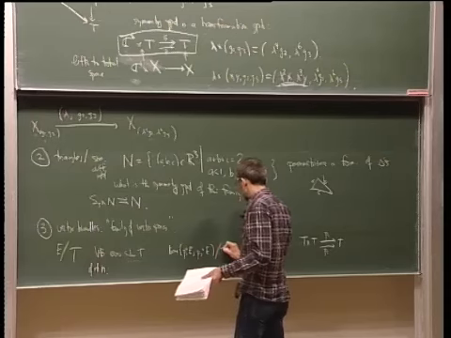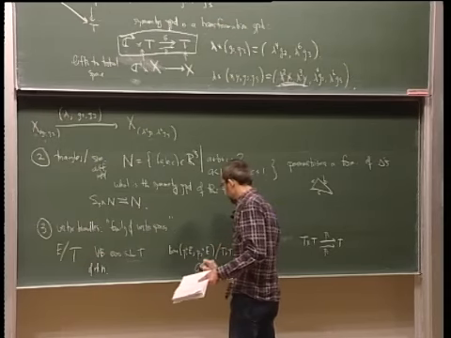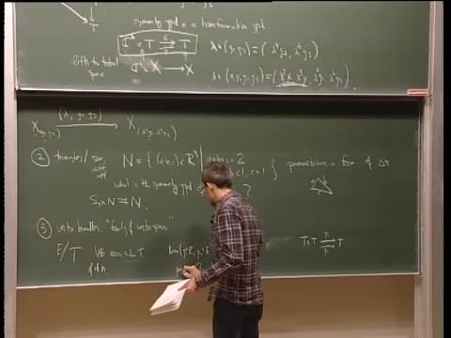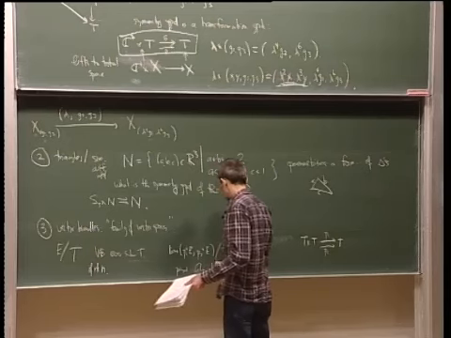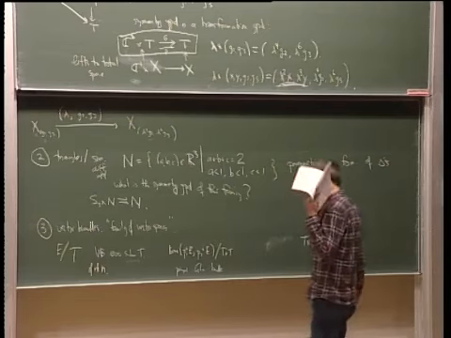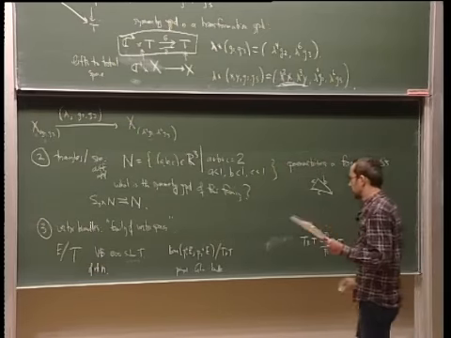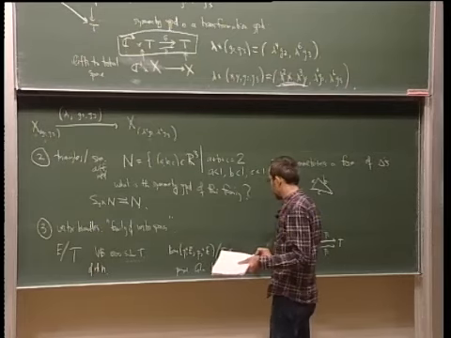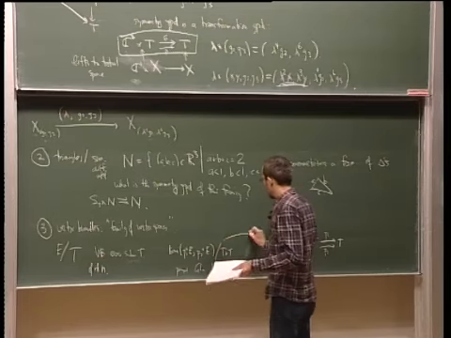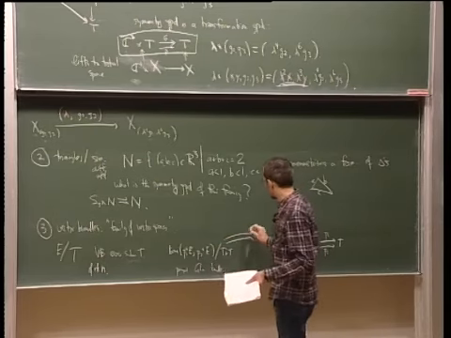This is over T cross T. This is a principal GLn bundle. And then I can map that in two ways to T. This is the symmetry groupoid.